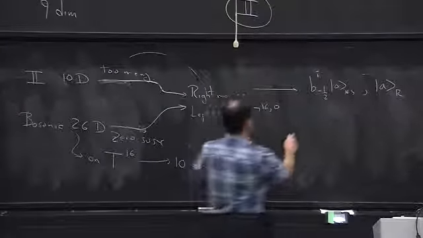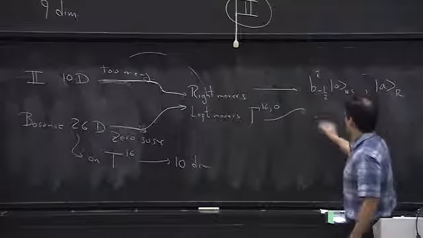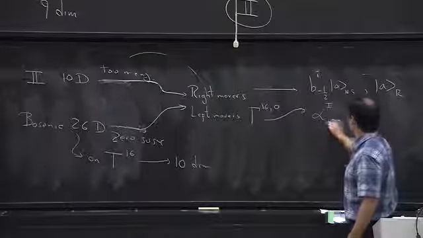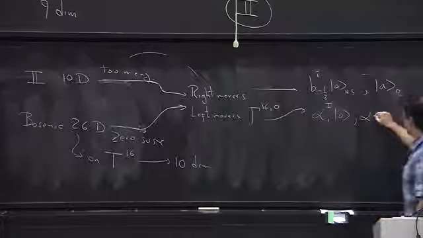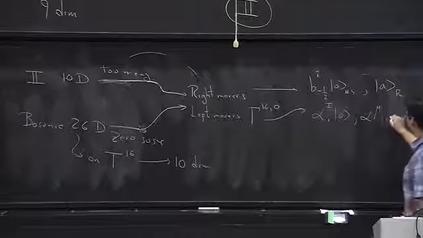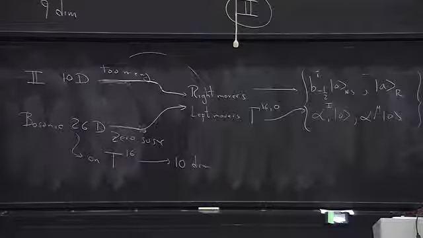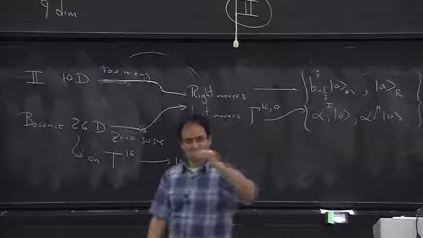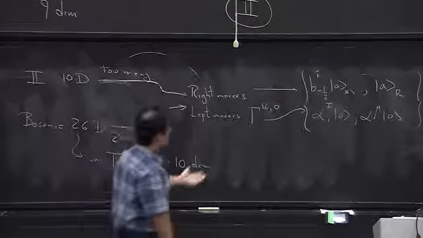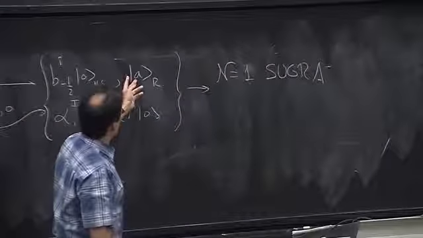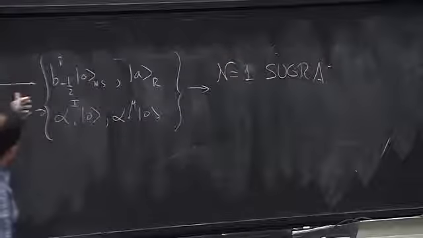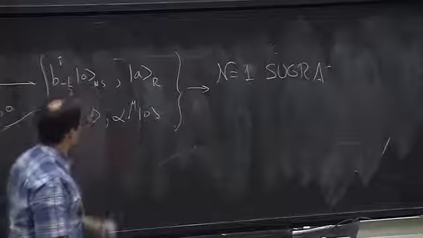Okay? And when you do that, you have your oscillators, your alpha i's and your alpha mu's, now in 10 dimensions. This theory, of course, has only N equals 1 supersymmetry, because we only have one of the two sectors, right? One of the two Ramond ground states. We don't have the same sector on the right-hand side.